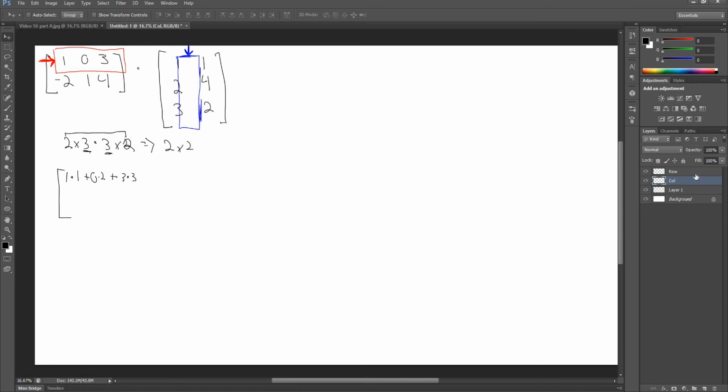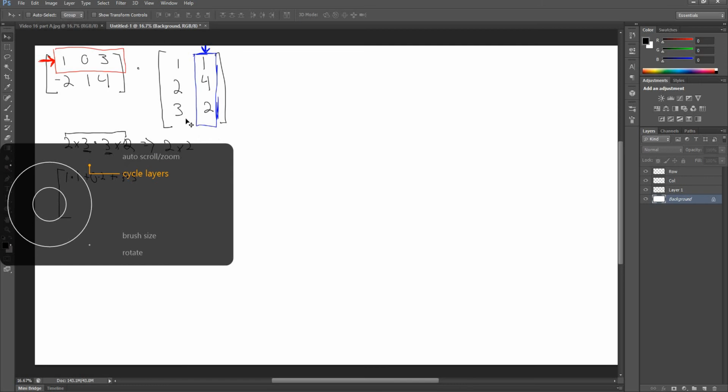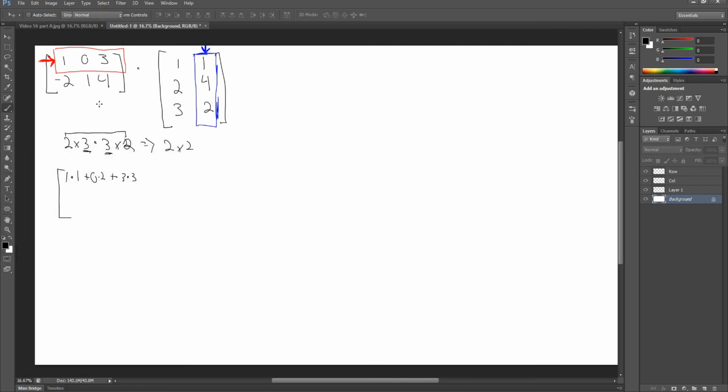So now I can keep moving this over. Once I'm done with row 1, column 1, I change my column index first. So now I'm going to be looking at row 1, column 2. I can actually do cycle layers. That'll be easier. So for here, I'm going to do 1 times 1 plus 0 times 4 plus 3 times 2.